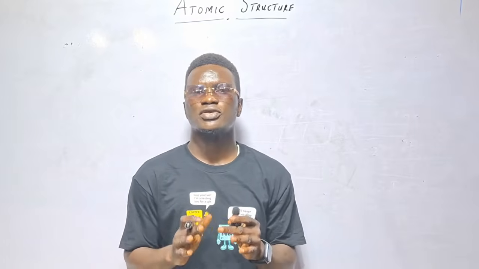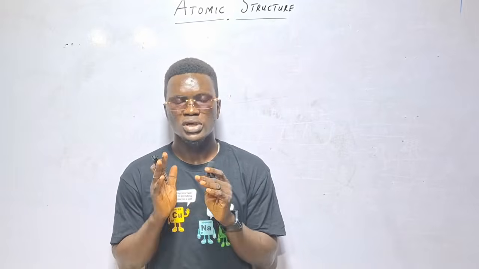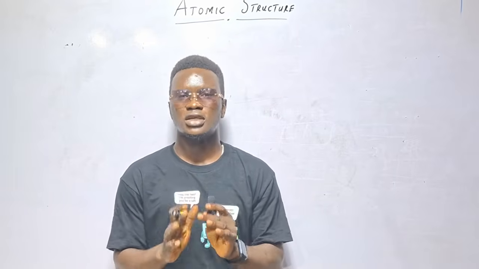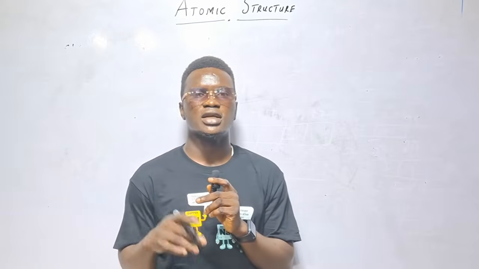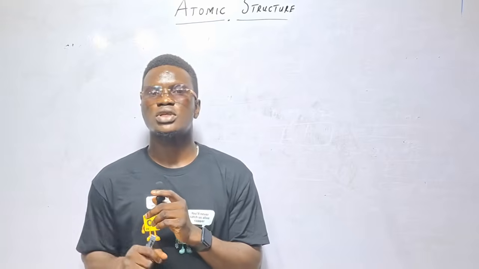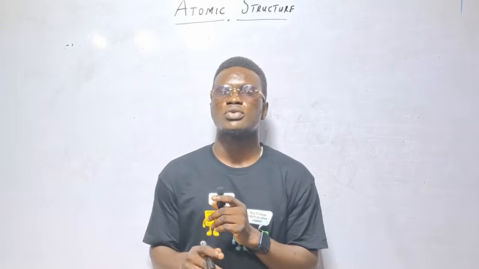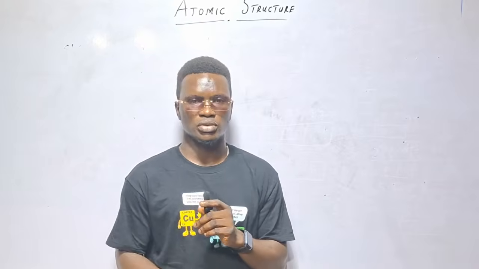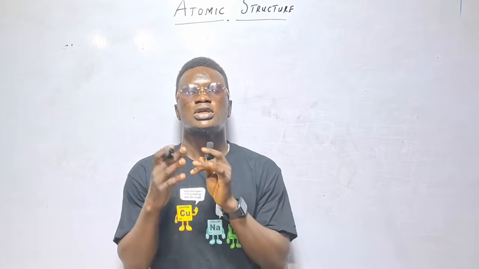Orbital is defined as the region of maximum probability of finding an electron. So that location where you can find an electron is called an orbital. So quickly, let's look at the rules. The first principle is called the Pauli exclusion principle. The second one is called the Aufbau rule, and the last one is called Hund's rule.